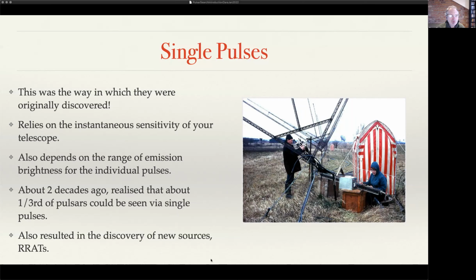And so these are the so-called RATs, the rotating radio transients. They don't give off a pulse every rotation, and in fact, they don't even give off a pulse in most rotations, which is what normal pulsars do. They give out pulses occasionally.